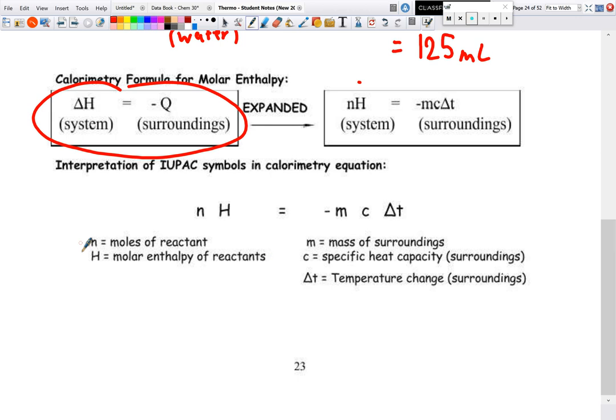So remember, n is moles of the reactant, H is molar enthalpy of the reactant. This side right here, our nH, is for our system or our reactants, whereas our MC delta T is mass of surroundings, specific heat capacity of the surroundings, temperature change of the surroundings.